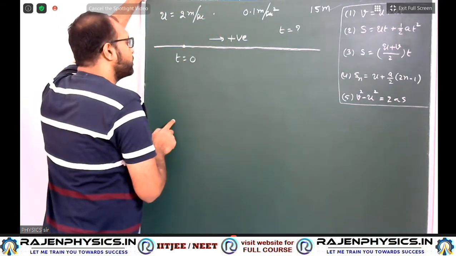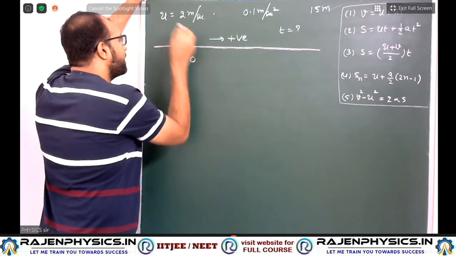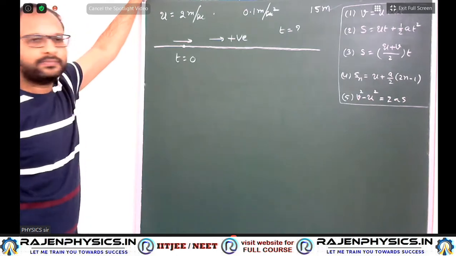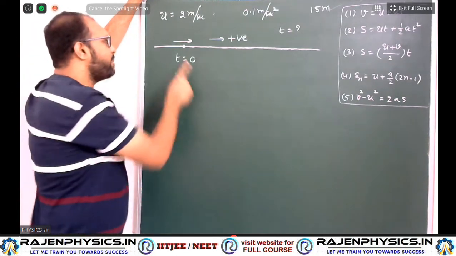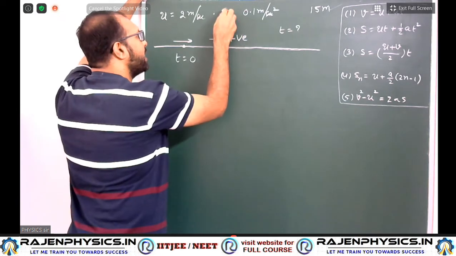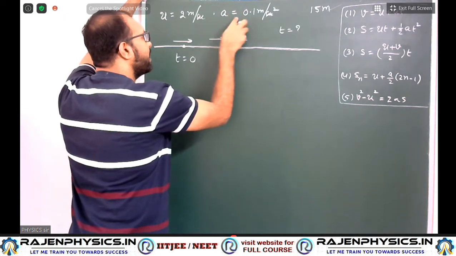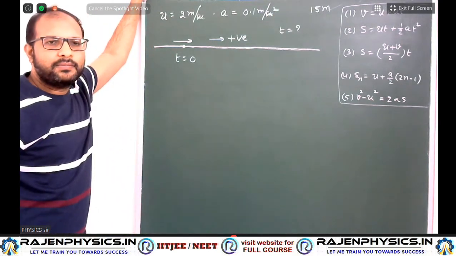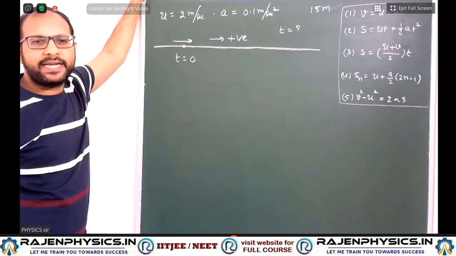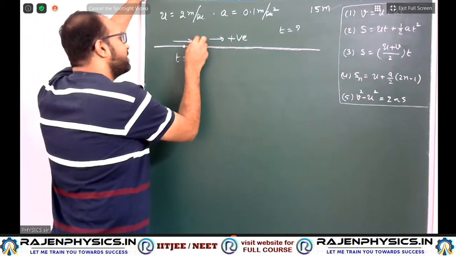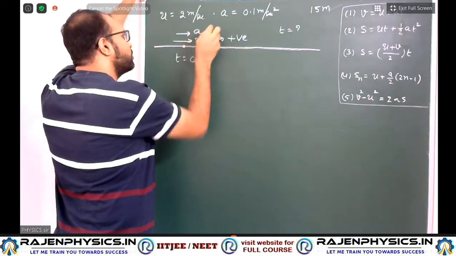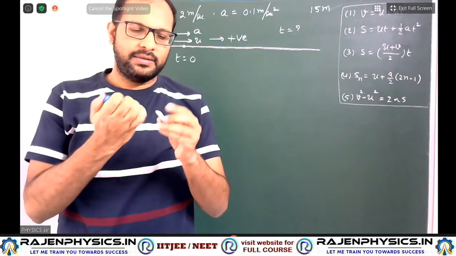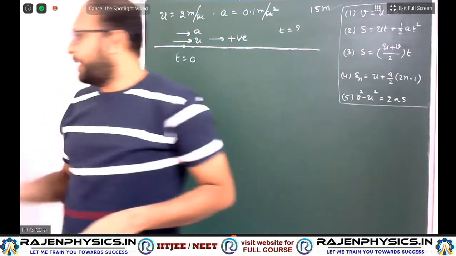So at t equal to 0, this is the particle velocity. And students, this particle is moving under an acceleration of 0.1 meter per second square. This is the initial velocity, this is the acceleration also. Both are in the same direction. Same direction means it never comes to rest.